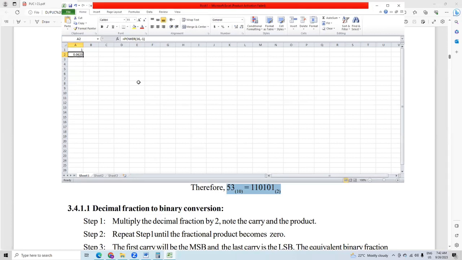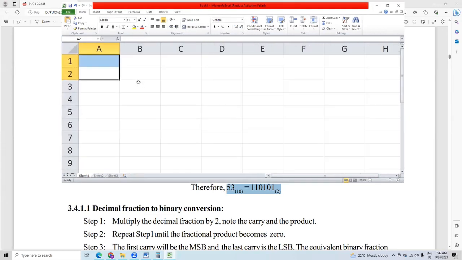We can try one more example here in Excel. Say we have 65, and we divide it by 2. 2 32s are 64. The quotient you write here. The remainder is 65 minus 64, which is 1.